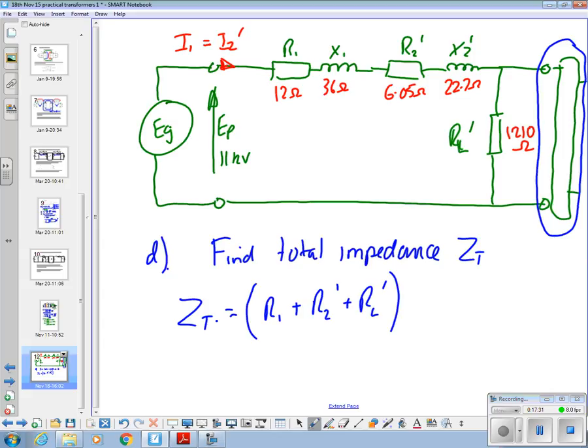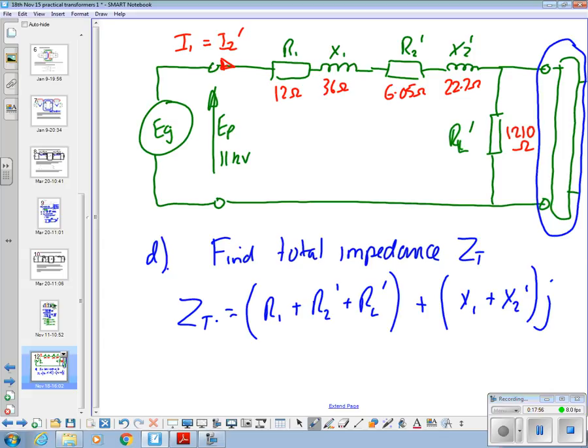And then these are reactances, so it's plus X1 plus X2 dash, J. So we can just add up all the series resistances to get an overall resistive part, and add up all the series reactances to get an overall reactance part.